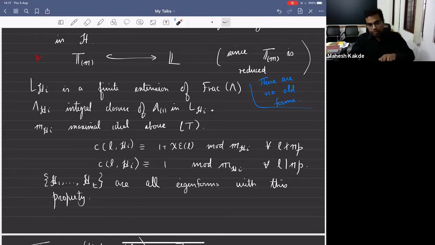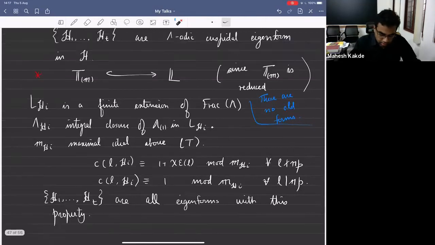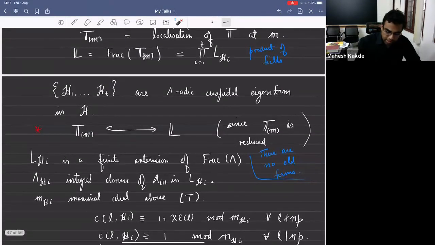So from this F that we constructed, we get all of these. The definition of L_{H_i} is just whatever appears in this product, so there is no way to describe this more explicitly. There is a question asking, can you give more details on the definition of the fields L_{H_i}? We can't really construct these things explicitly.